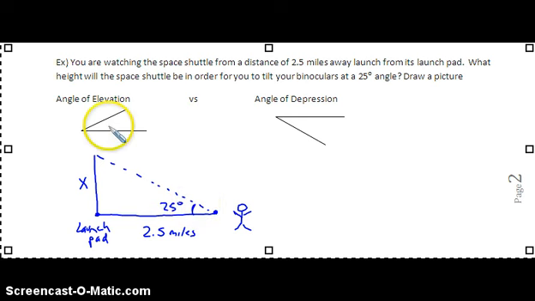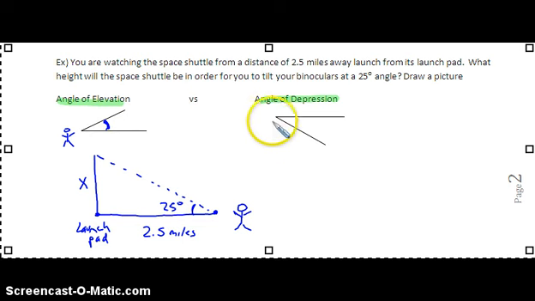So that leads me to defining some vocabulary terms here, just to make sure we understand. The first thing is we need to talk about an angle of elevation, and that is when you are typically standing on the ground and you are looking up at an angle. So when you're looking up at something, that's an angle of elevation. So this angle from the ground going up is an angle of elevation. An angle of depression is when you are standing on top of something.